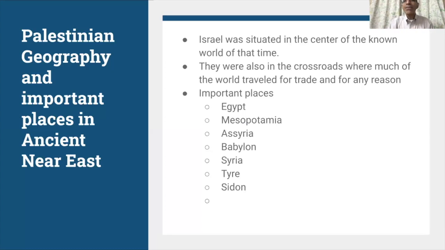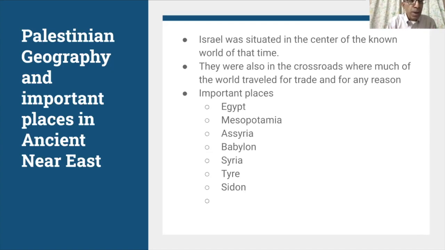So God established them, God set them right there in the middle of the known world. Very strategically, God placed them there. Now, why did God place them like that? Well, God had his purpose.